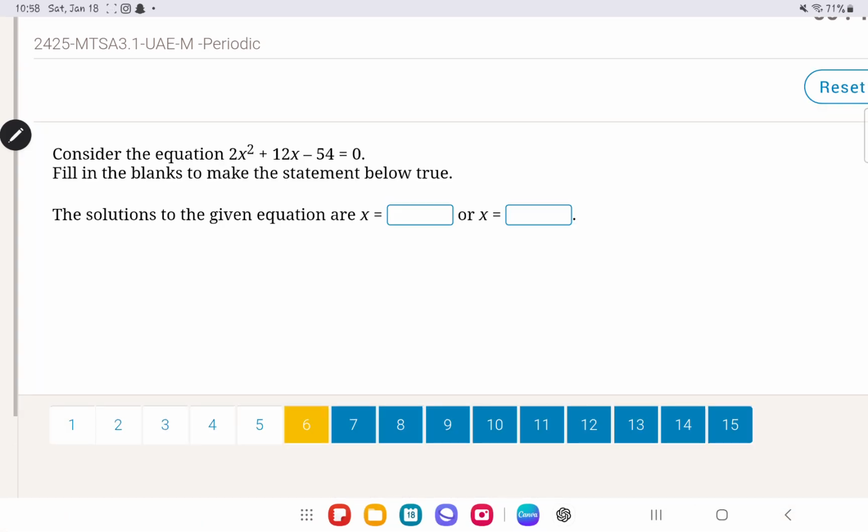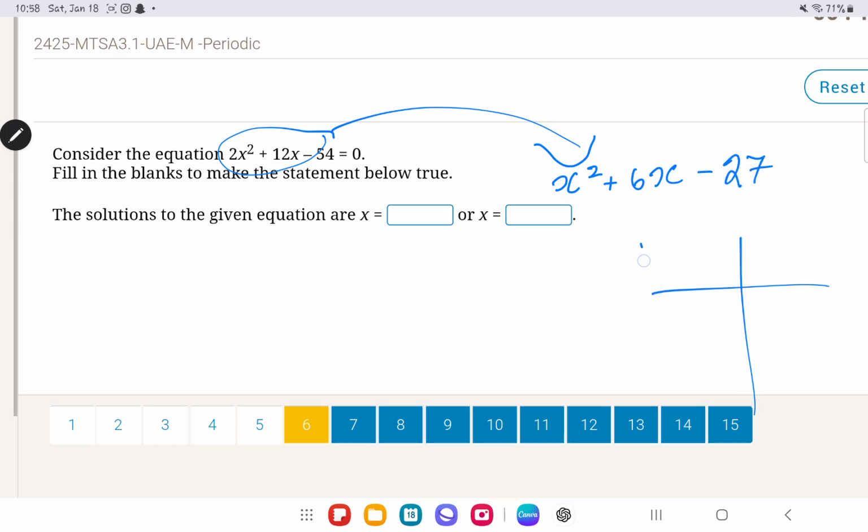Now, question number 6. Again, they need us to find the roots. So there's many ways to find the roots. A very simple way is, first of all, to divide everything by 2. So if you divided everything by 2, you are going to get x squared plus 6x minus 27. And then we apply the product sum method.